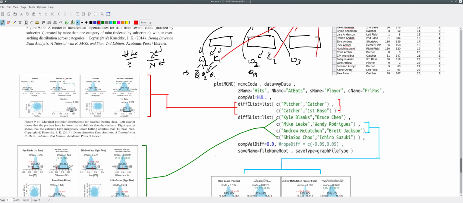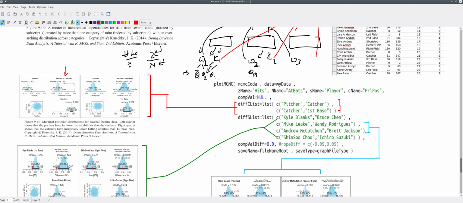So I'm comparing pitcher with catcher, and I'm checking to see whether the posterior of this difference is close to 0. Another way of saying this is, are the posteriors for pitcher and catcher the same? If they're the same, then we know that pitchers and catchers do not differ in their estimated probability of getting a certain number of hits when they go to bat.